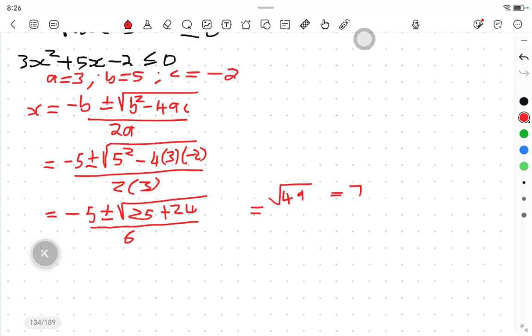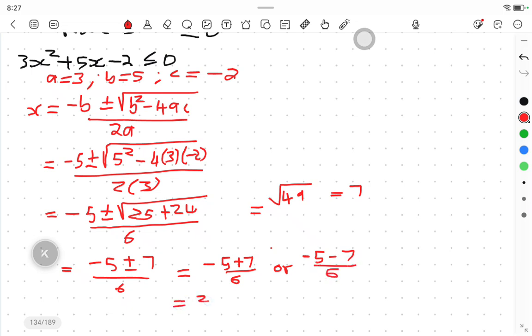You can try to check and tell me what you get. All over 6. So this will be minus 5 plus 7 over 6, or minus 5 minus 7 over 6.